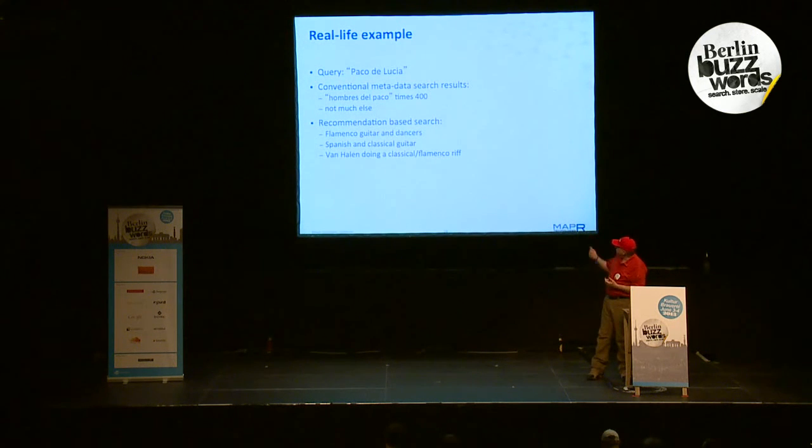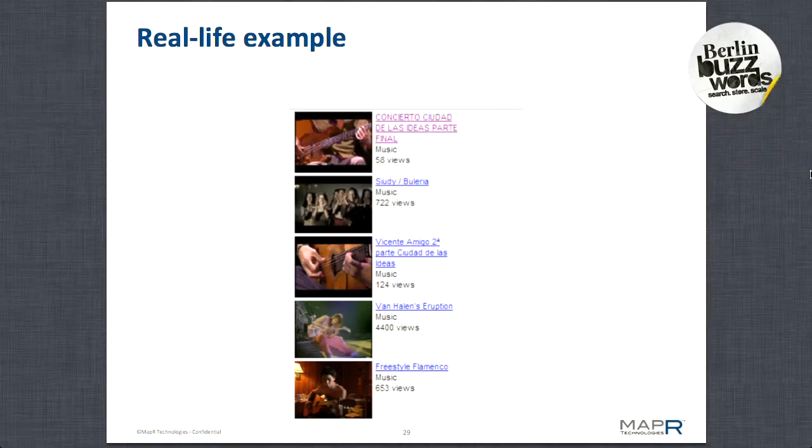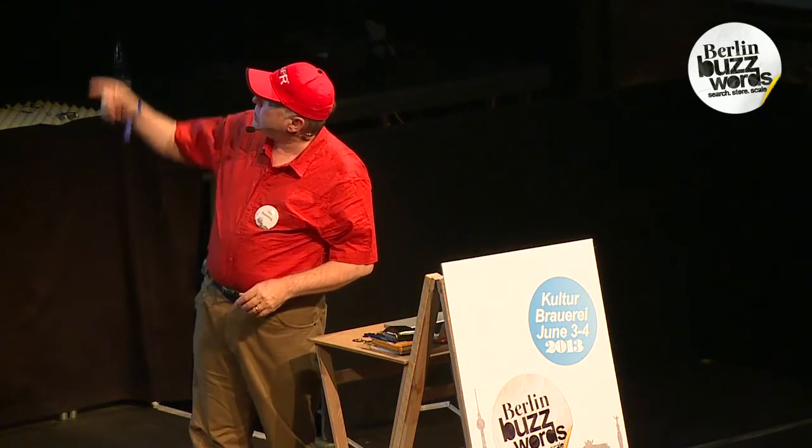The recommendation search brings back much better results. Here's the traditional search. It's all Hombres de Paco, which was Spanish daytime television that somebody had just flooded the system with. And here's the recommendation search.